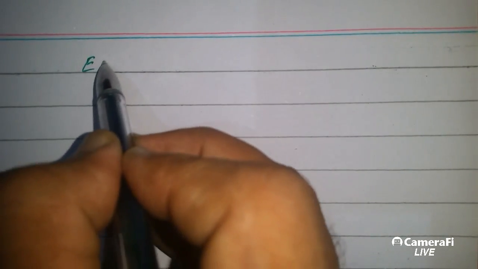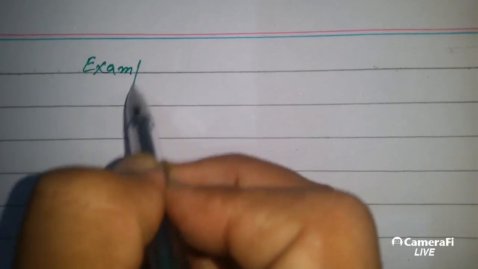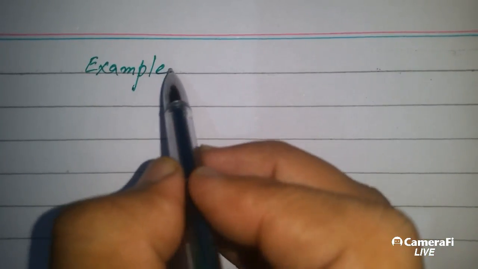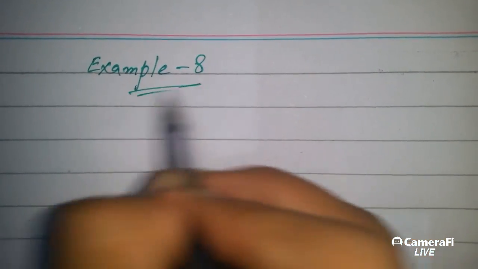Before solving the exercise, I wanted to go through the prerequisite stuff. So that's why I've explained all the formulas and example problems as well.